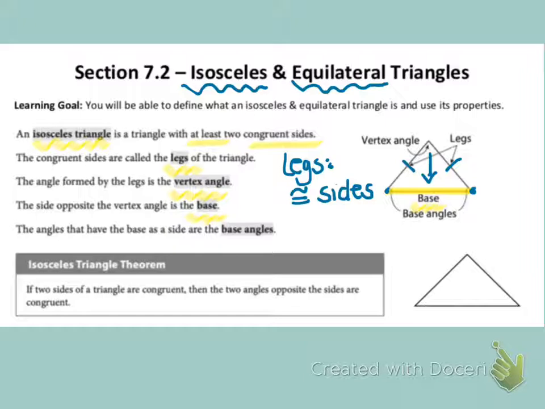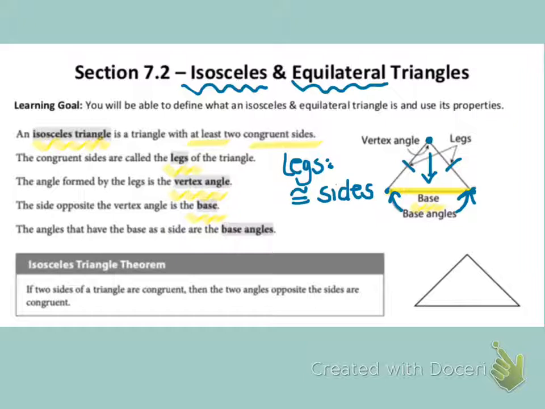So again, that vertex angle right here is the angle that is formed by the two legs, or the equal sides. And the angles that have the base as a side, so these right here, have one of the sides that make them be the base. They're called base angles. That's really important when we learn theorems like the isosceles triangle theorem, because it uses this terminology.